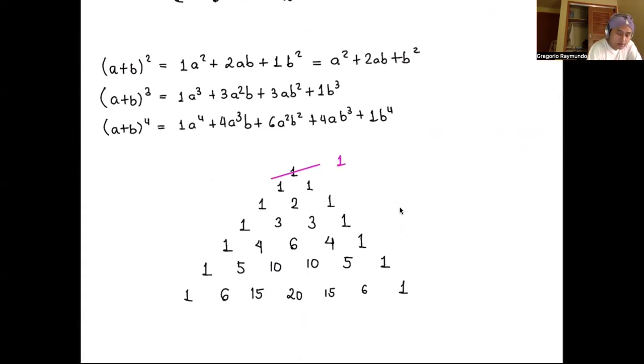And then this diagonal here is 1. This next diagonal is 2. This diagonal here is 3. This diagonal here is 5. This diagonal here is 1, 4, 3, 1, is 8.